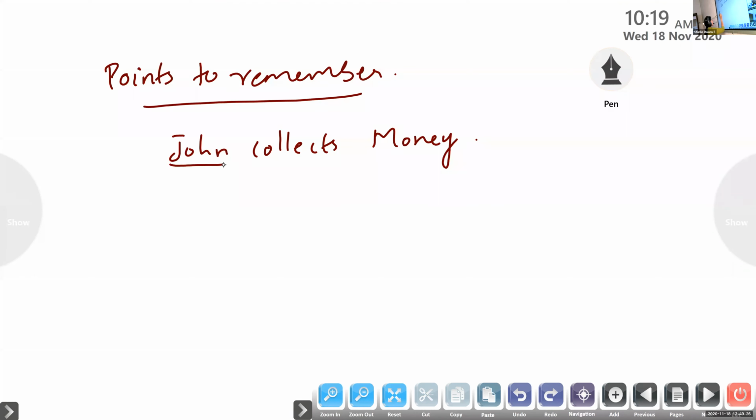Again, underline John and write S under that because S represents subject, and under money you write O, object. Okay? Okay, ma'am.